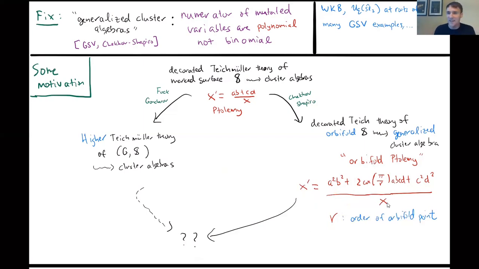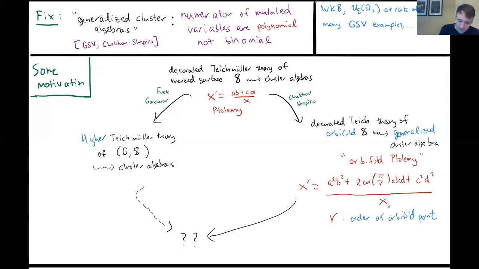Okay, so I think it's an interesting question to ask, can you complete this diagram? So what is an orbifold Ptolemy relation that depends on the group G as well? So the higher Teichmüller theory version of this relation. And I think the correct answer has to do with ELF fixed loci and Grassmannians.